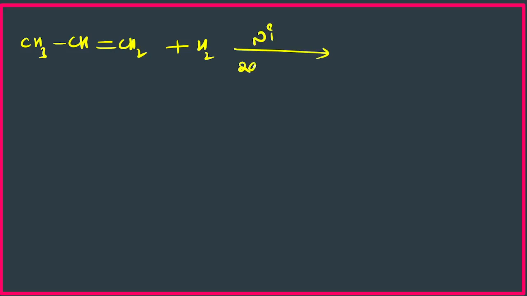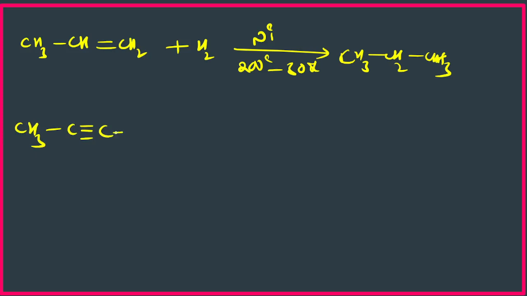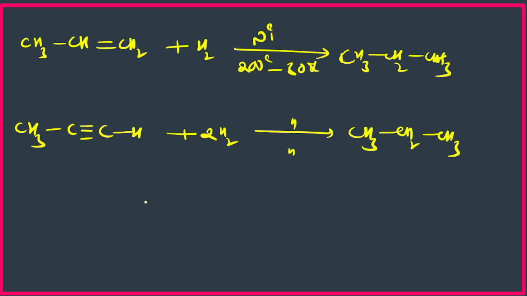Have a look at some more examples. See, CH3 CH double bond CH2 with hydrogenation with nickel at 200 to 300 degrees Celsius. It gives what? An alkane, CH3 CH2 CH3. Have a look at the next example: CH3 C triple bond C. We need 2 moles of hydrogen. It gives CH3 CH2 CH3.